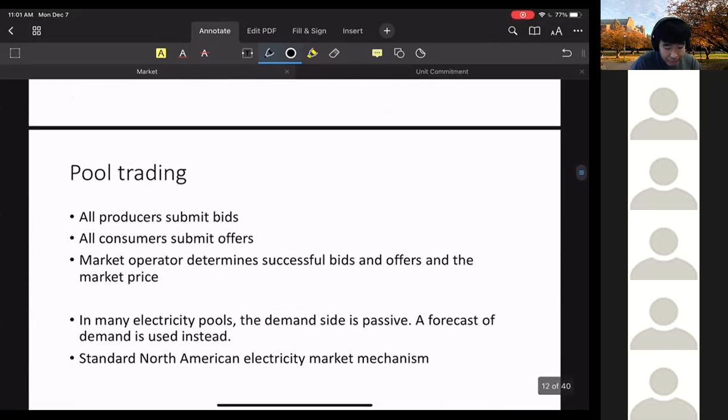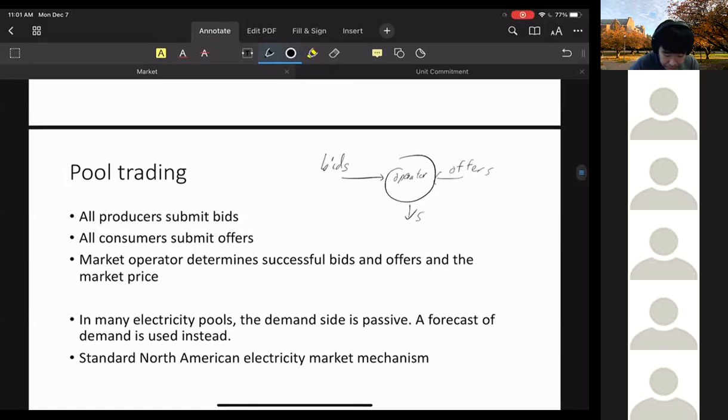Pool trading works by all the producers submitting some bids, all the consumers submitting some offers, and then we still have a market operator that figures out these bids and offers, right? So there's bids, there's offers, and this is the settlement. This is just a longer term version of the spot market.